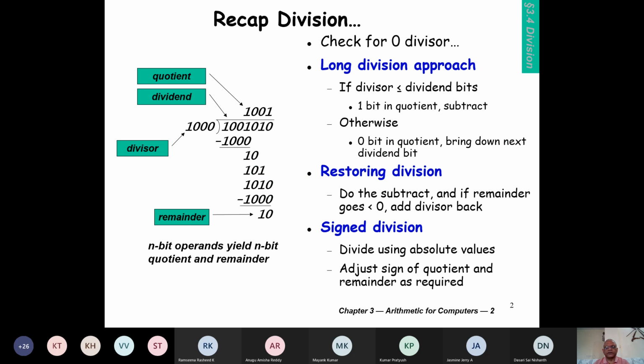Now let's look at the division. The hardware design for division is based on the way we do binary division, and we had started to discuss this in the last class. Before we start the division, we must take care of division by zero.